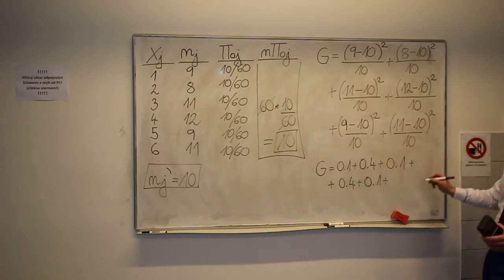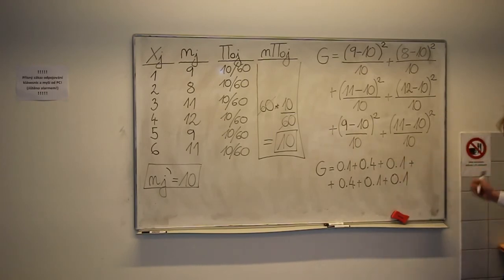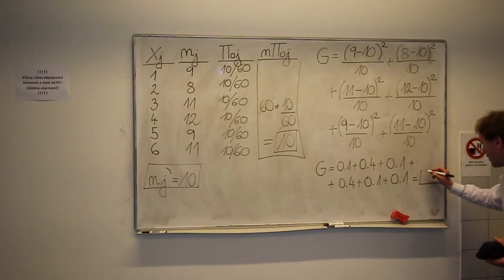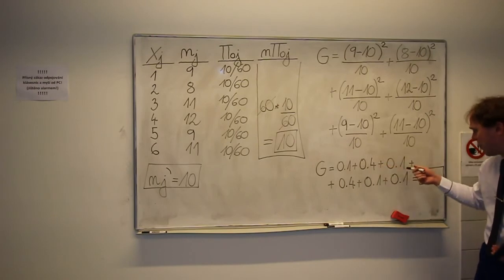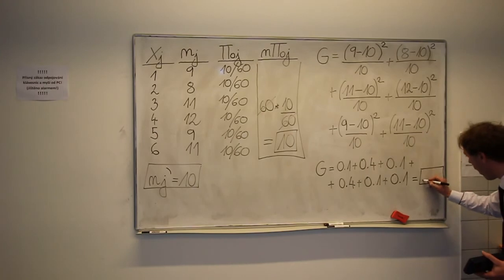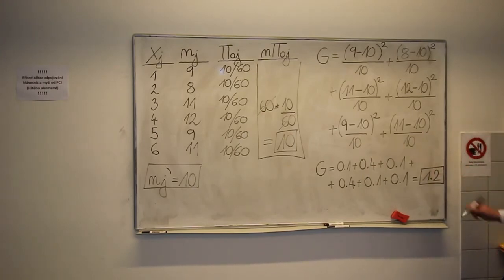And finally here is again 0.1. Okay, so equal sign, and here will be the value of G. 1 plus 4 is 5, plus 1 is 6, 1.2. 1.2 is the result of G, the test statistic G.